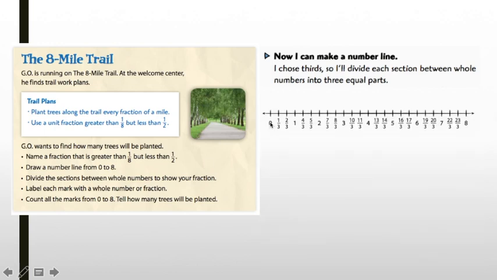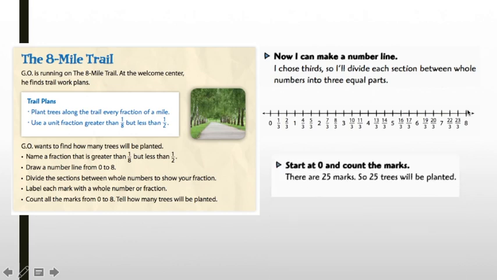So you'll see here's 0 to 8, and he divided it into 3 equal parts, into those thirds. From 1 to 2, he also divided it into 3 equal parts. And he did that until he got to 8. So once he had divided and labeled the marks on his number line, he was ready to begin counting the marks.